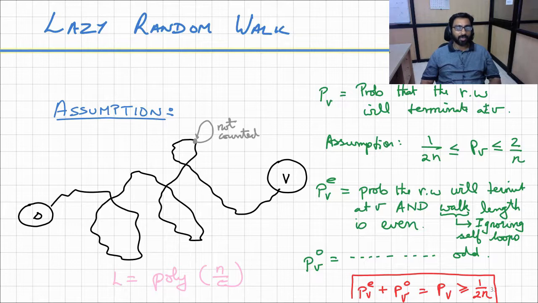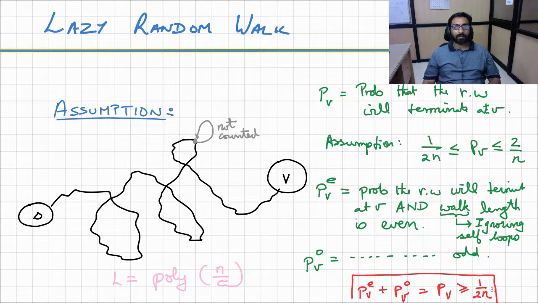Okay, so with that, let's look at this random walk. Let's look at the characteristics a little carefully. Let's denote by PV the probability that the random walk will terminate at V. And remember this, we assumed that the random walk was of the lazy type.